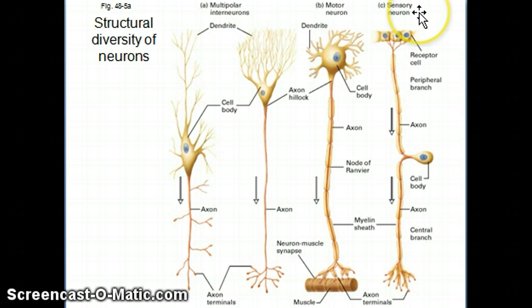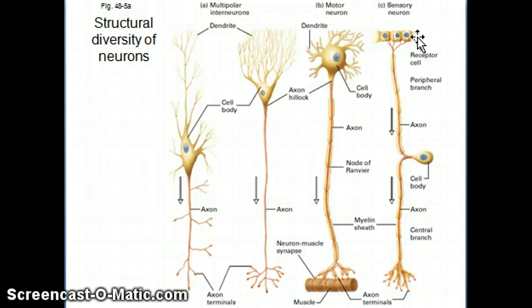And then this is a sensory neuron, which is going to look different, which is not actually very surprising. In the case of a sensory neuron, we need something to receive the stimulus. So when you think of, for example, touch, when we feel that pressure, that's a particular type of sensory neuron, and it has a receptor cell attached to it at the top.